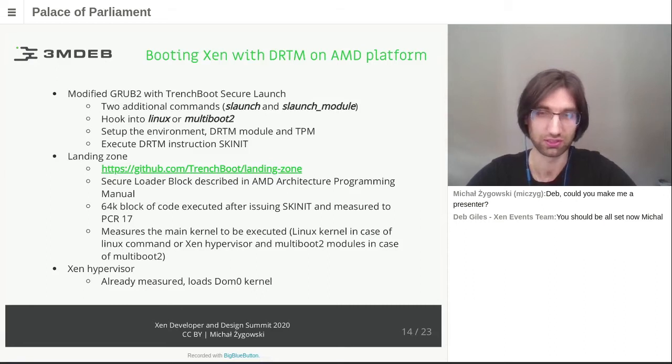This, as I mentioned, is a secure loader block described in the AMD architecture programming manual. It is 64K big, and it is executed after issuing SKINIT and measured into PCR 17. We use the landing zone to measure the main kernel, which may be the Linux kernel or the Xen hypervisor, depending on the boot protocol we use. And then the landing zone hands over control to the kernel or Xen hypervisor, which is already measured and loads Dom0.